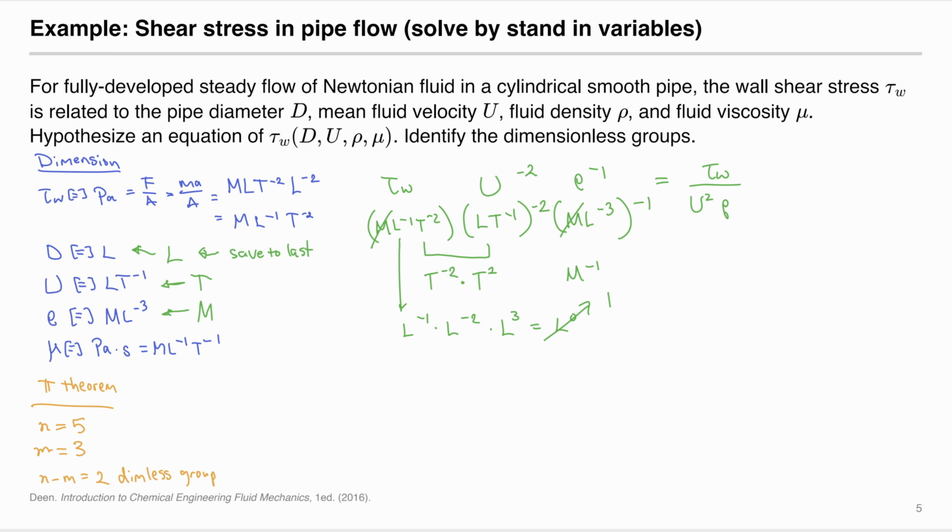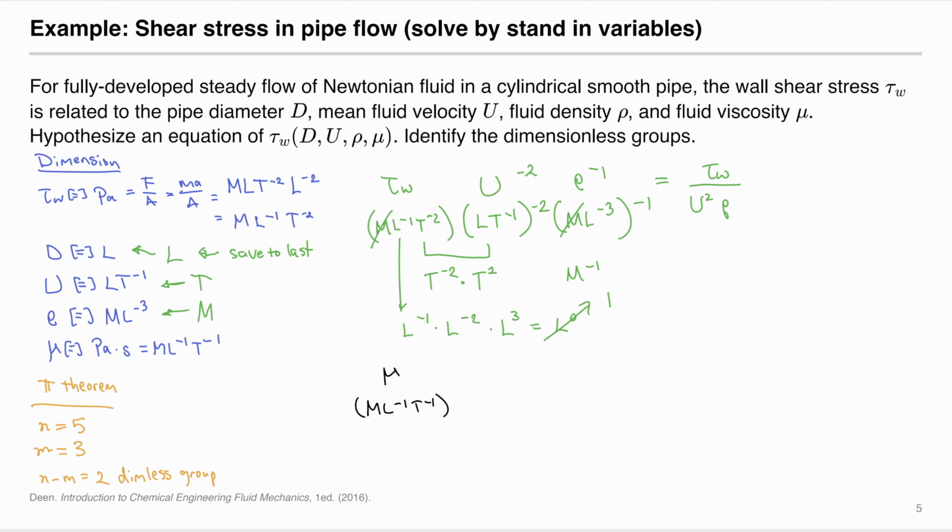Now we can work with the second dimensionless group that stems from mu. So mu has a dimension of M L^-1 T^-1. Still we want to save L to the last, because T and M's standing variables have dimensions of L as well, so it will mess things up.